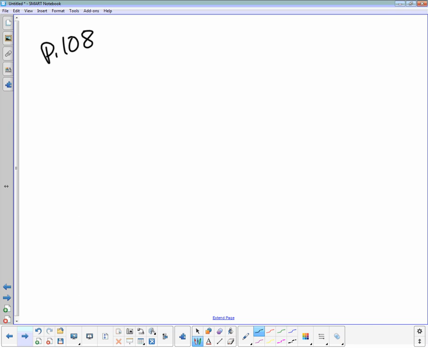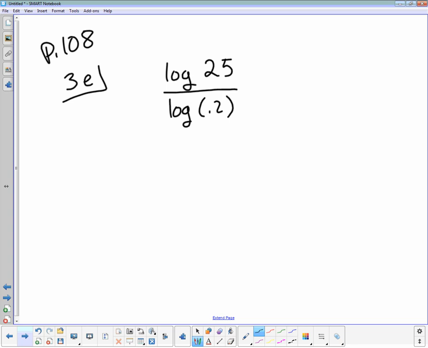I don't know, right? So this is page 108, 3A. No, 3E. That's the one that all of you wanted, right? It's scary. This is log 25 over log 0.2.